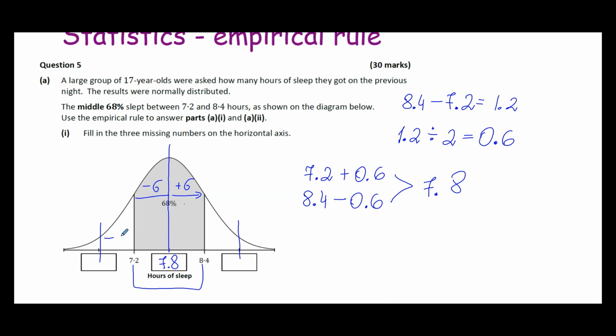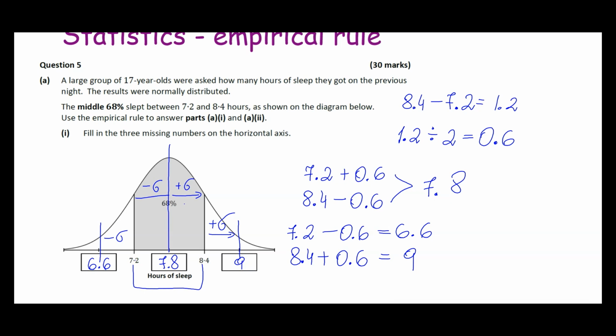From 7.2 we take our standard deviation of 0.6, and we get 6.6. On the other side, we add the standard deviation: 8.4 plus 0.6 gives 9.